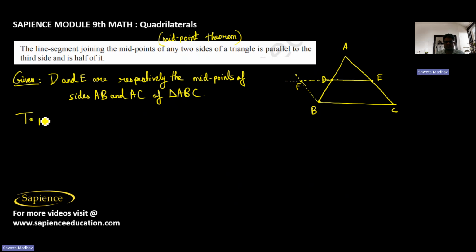And then we have to prove that the line segment DE is parallel to BC and DE equals to half of BC.